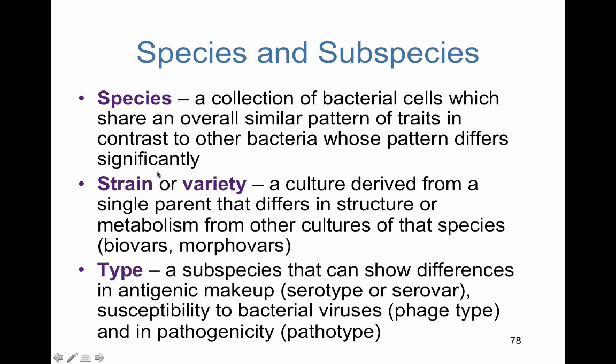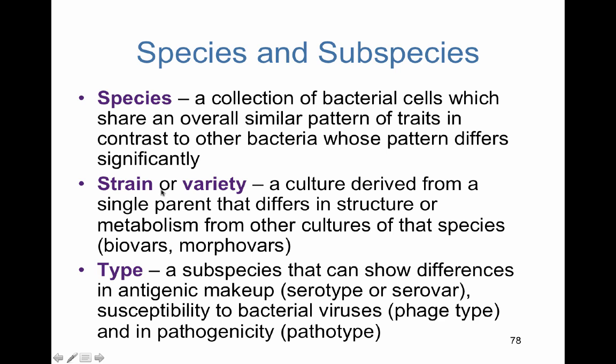So this is actually kind of arbitrary, right? It's just saying that it shares an overall similar pattern. So usually, in order to be in the same species, you need to look very similar to all other bacteria in the same species as far as cell wall, membrane structures, internal contents, sequence, etc.